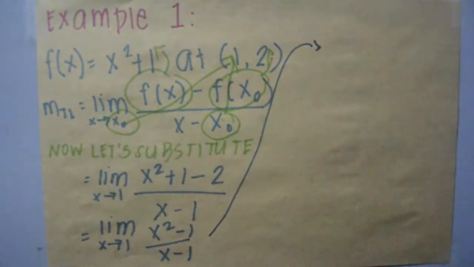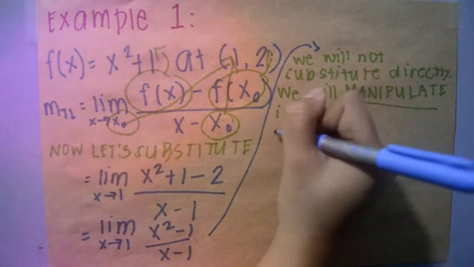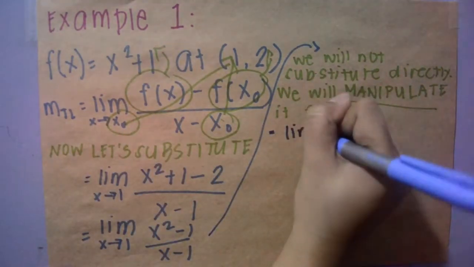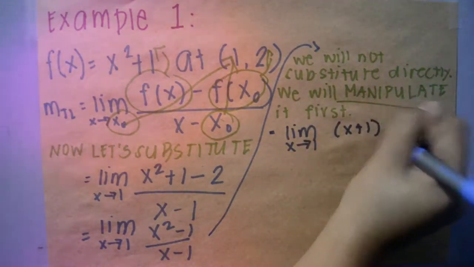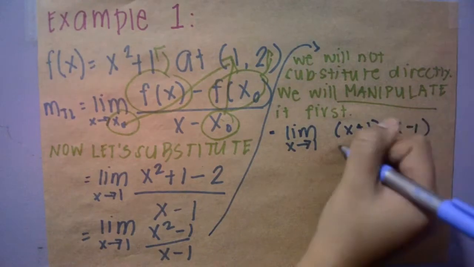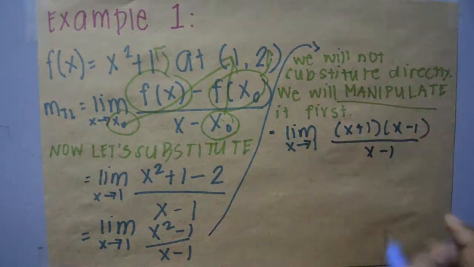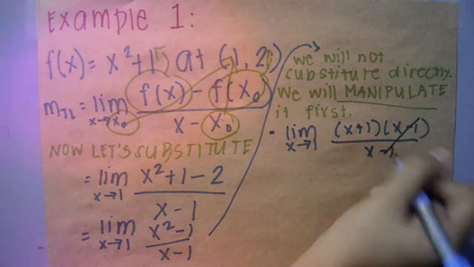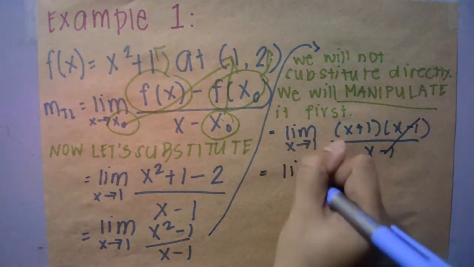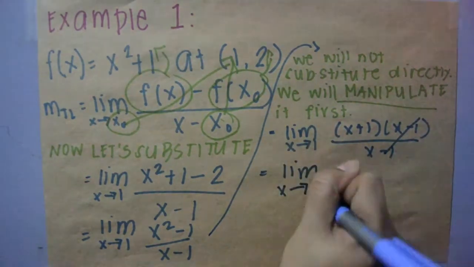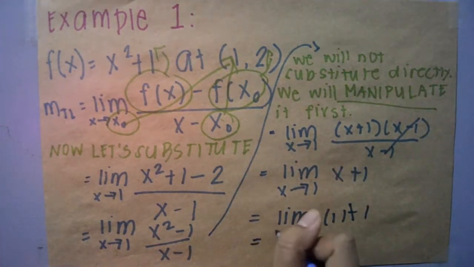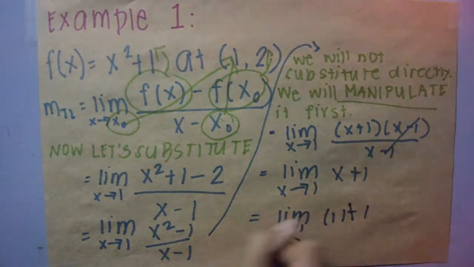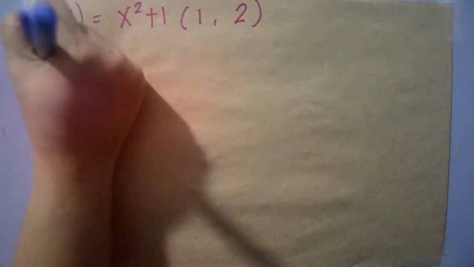At that point, we would not substitute the approaching value immediately, but we have to factor the numerator first to x plus 1 times x minus 1. Now we can cancel x minus 1, and it will leave us with limit of x plus 1 as x approaches 1, and substitute the approaching value, which is 1, so 1 plus 1, the limit is 2.